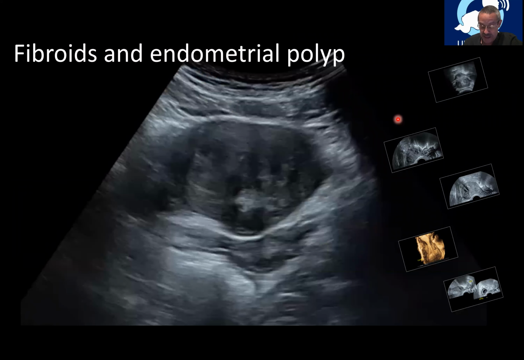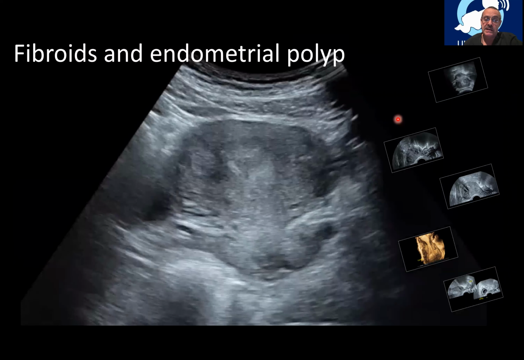Now, different patient. I'm choosing patients with several problems because that way we kill two birds with one stone. This is a patient with fibroids and an endometrial polyp. Let's take a look at it.